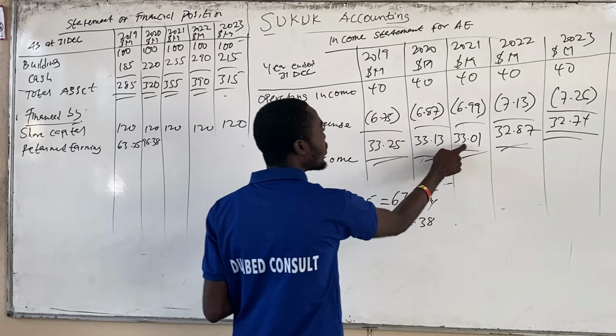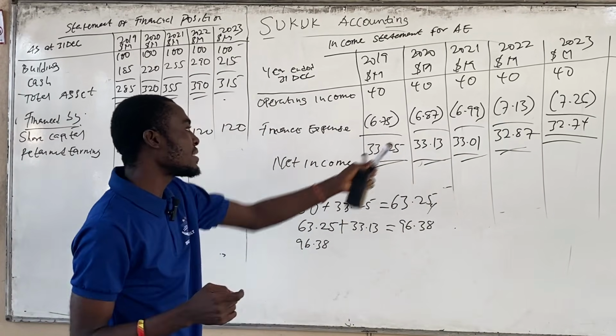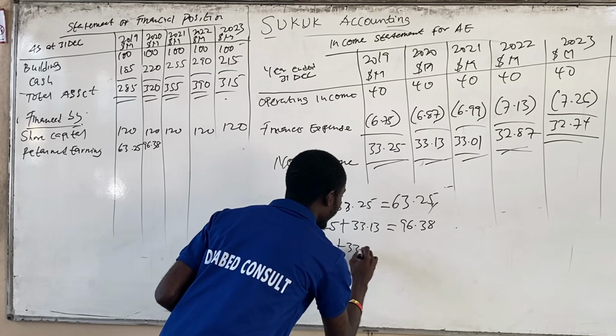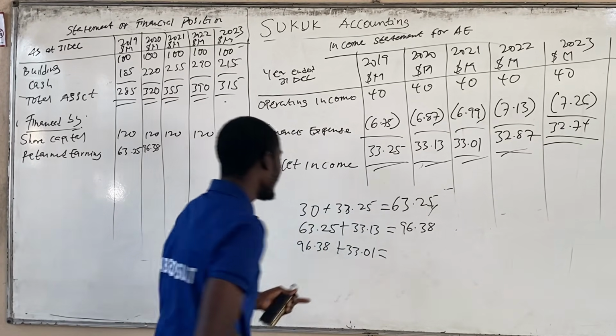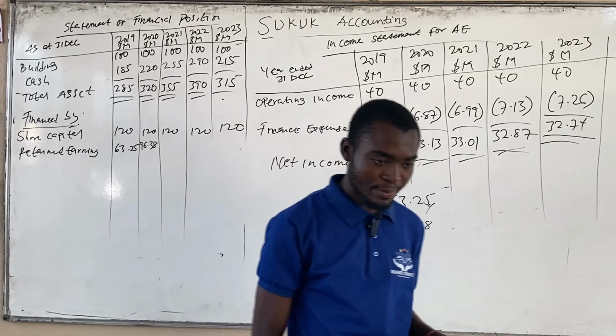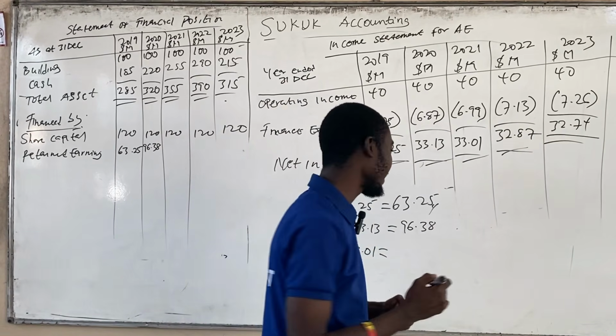For the third year, we made a net income of 33.01, so this will give us a balance of 129.39.